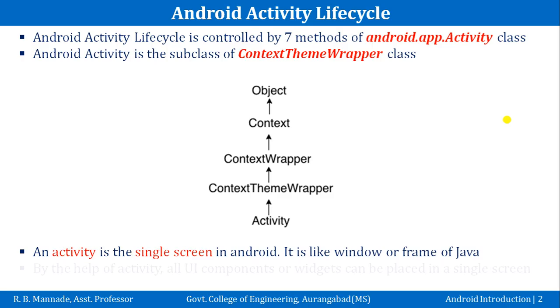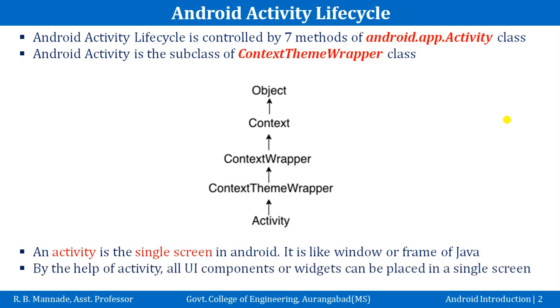So with the help of an activity, various user interface controls like text boxes, labels, check boxes, radio buttons, drop down lists, and pop-up windows, there are a number of UI controls or UI components in Android, and all these UI components can be placed in a single screen using an activity.